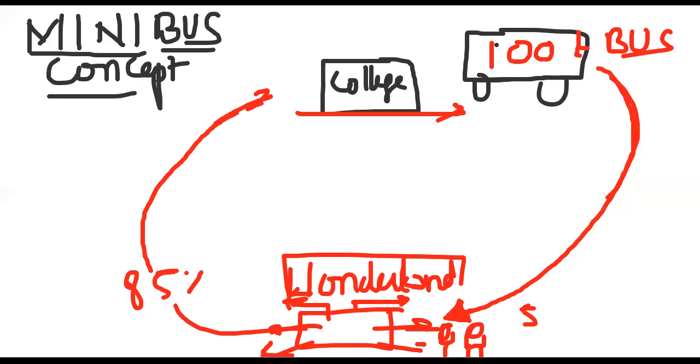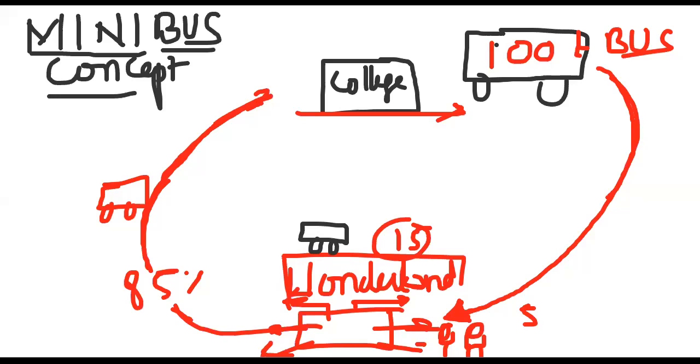Maybe you got worried about the remaining 15 people who were stuck there. They did not come in time, isn't it? With 85 people, the bus started and moved towards the college. What about those 15 people who were stuck there, who were not able to catch the bus? For them, we are going to arrange a mini bus.